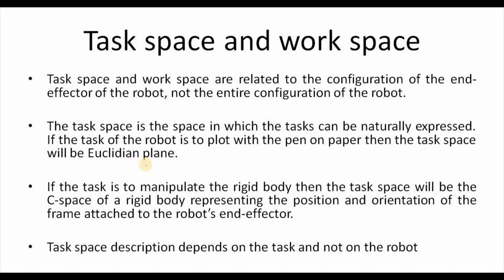So if you want to manipulate a rigid body using a robot, you can take the configuration or the C-space of this rigid body, and you can take it as your task space.